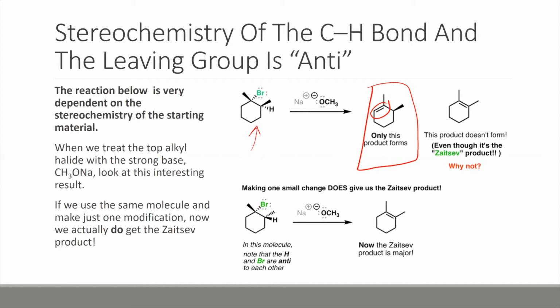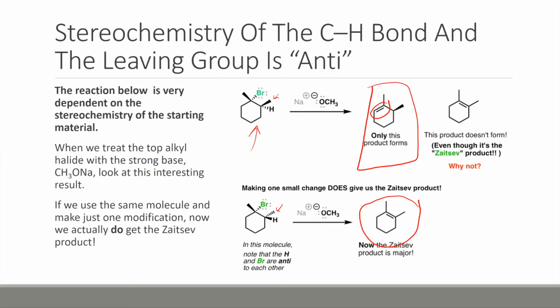And again, now if we make one modification, we use the same molecule and we make one modification, and that modification is the change in the positioning of this CH3 group. So now the CH3 group is down instead of up before. We do make the Zaitsev product. So we haven't changed this from a strong to a weak base.